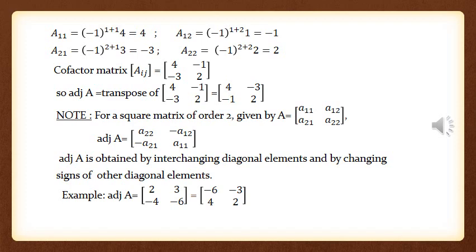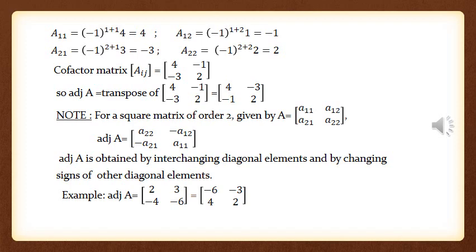Now the cofactor of the second row first column element, that is A21. A21 is equal to negative 1 raised to 2 plus 1 into the value of the determinant obtained by deleting 1, 4 and 2, 1, that is 3, that is equal to negative 3.